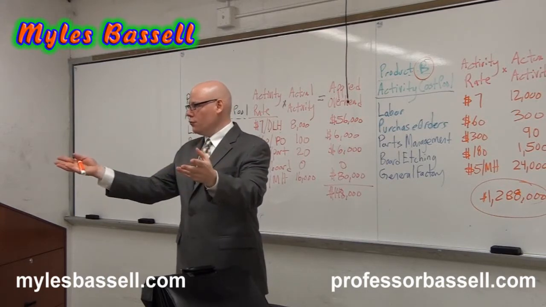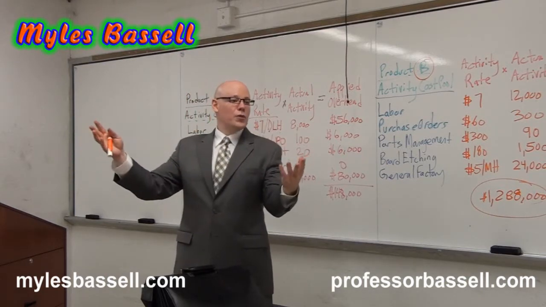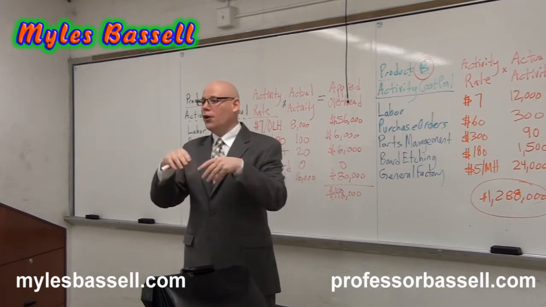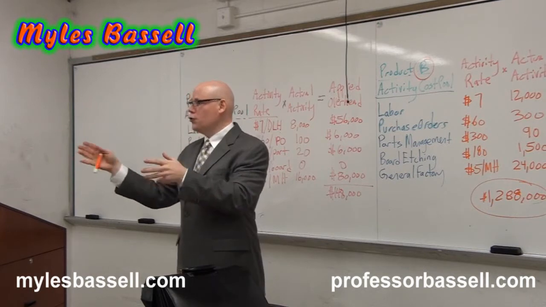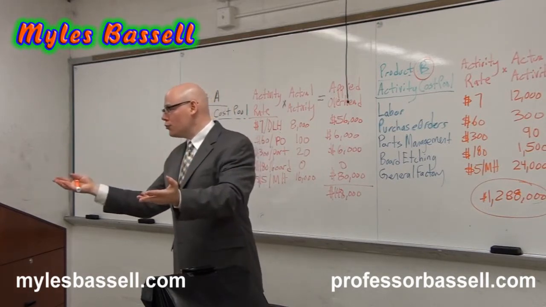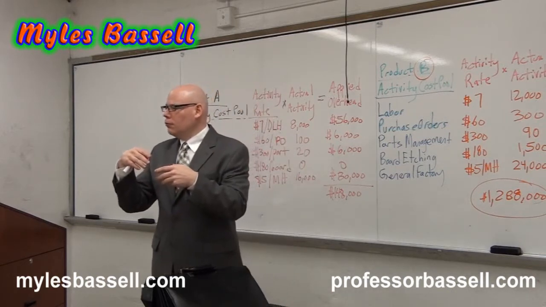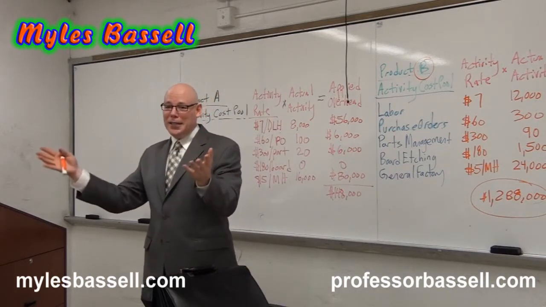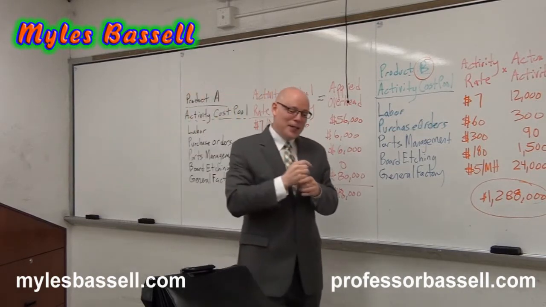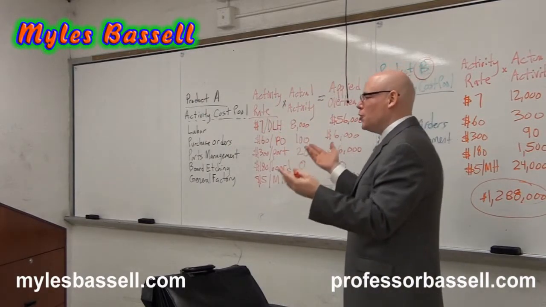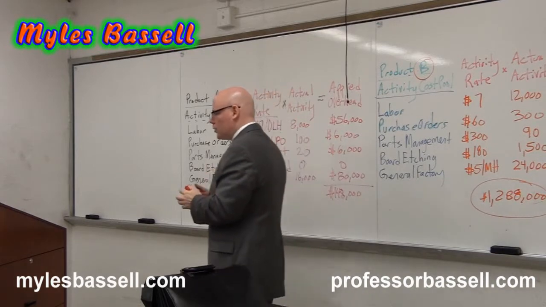If we're painters, some paint jobs are going to involve painting 1 bedroom, some 2 bedrooms, 3 bedrooms, 4 bedrooms. Some jobs involve 1 coat of paint, some involve 2 coats of paint. So every job is unique, so that's why job order costing makes sense.